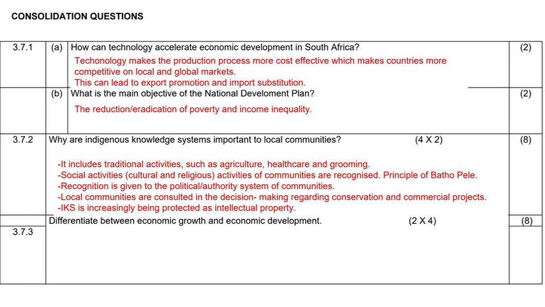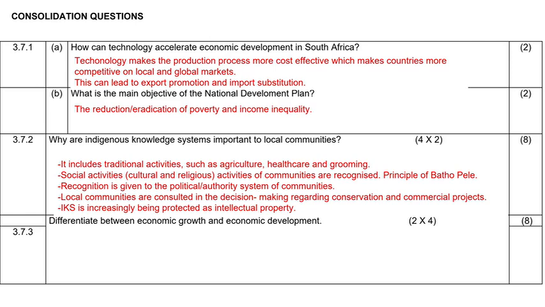Here we see the principle of Batho Pele. Recognition is given to the political or authority system of communities. Local communities are consulted in decision-making regarding conservation and commercial projects. IKS is increasingly being protected as intellectual property.